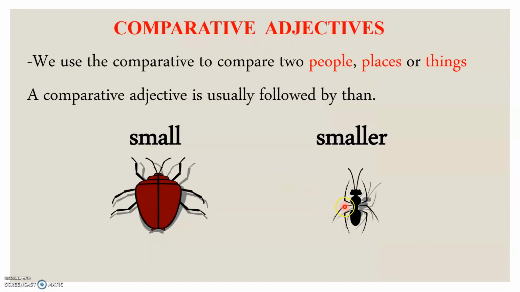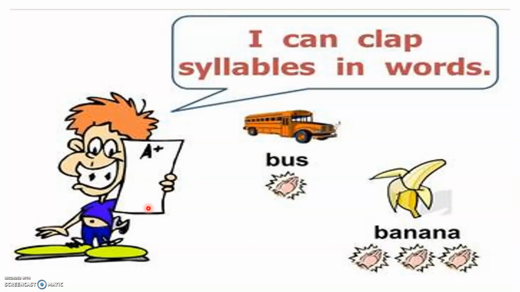This insect is smaller than this one. So when we want to compare between two things, two people, two places, according to a specific adjective, we use what we call the comparative adjectives. So now, how can we form the comparative adjectives?